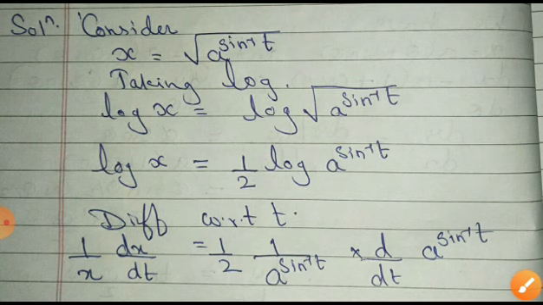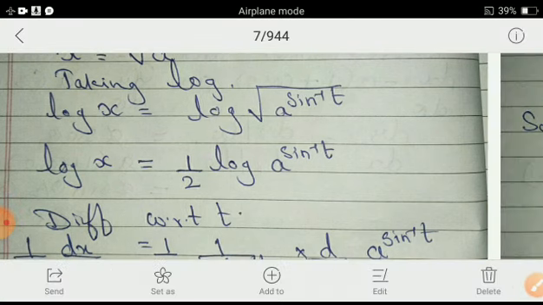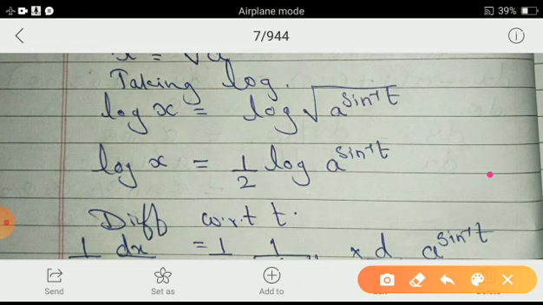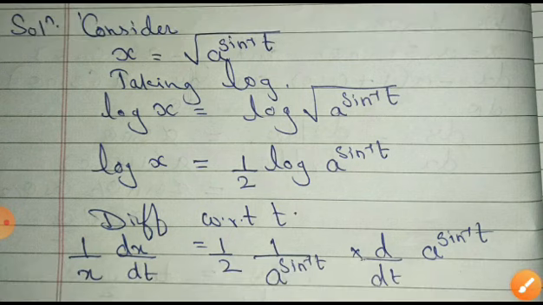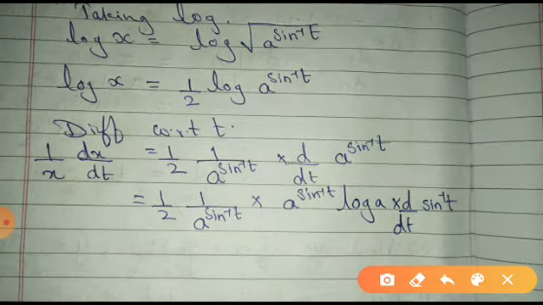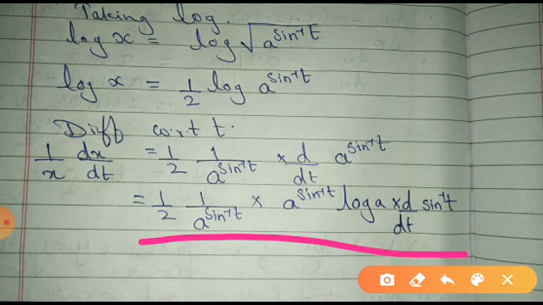Again, what is the derivative of a raised to sin inverse t? You have to make use of the a raised to x form. The derivative of a raised to x is a raised to x log a. Using that, I'll get a raised to sin inverse t into log a, but this is not in terms of the standard form.